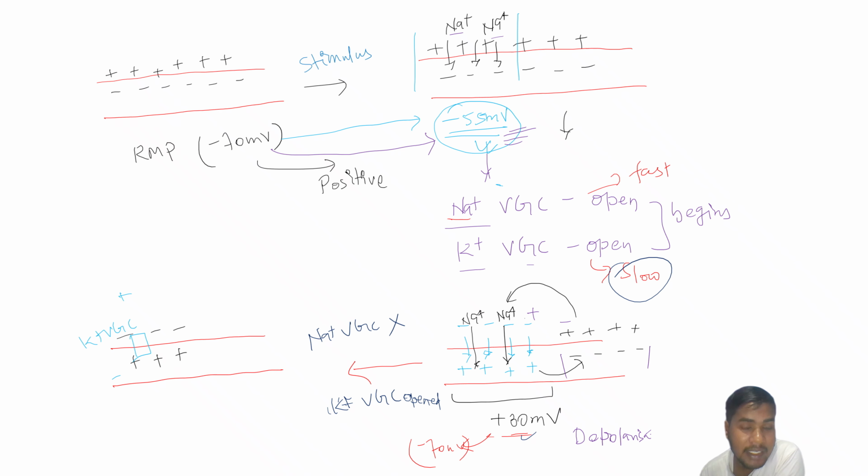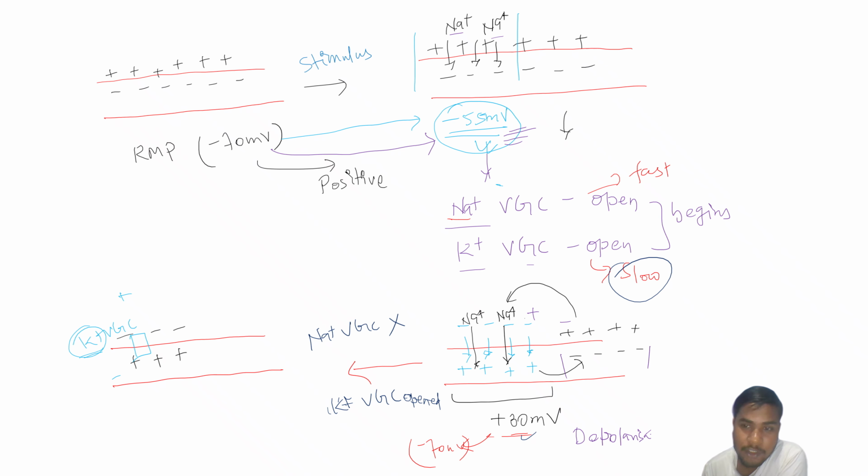It is possible only because along this membrane, only K plus, a positive charge, is allowed to move. If potassium is leaving from inside to outside, then positive charge moves from inside to outside, and inside becomes negative.